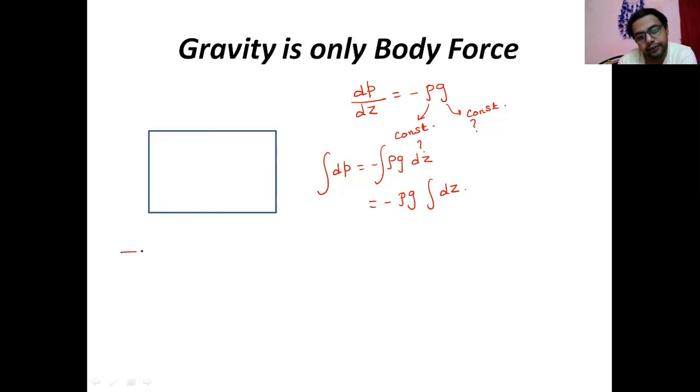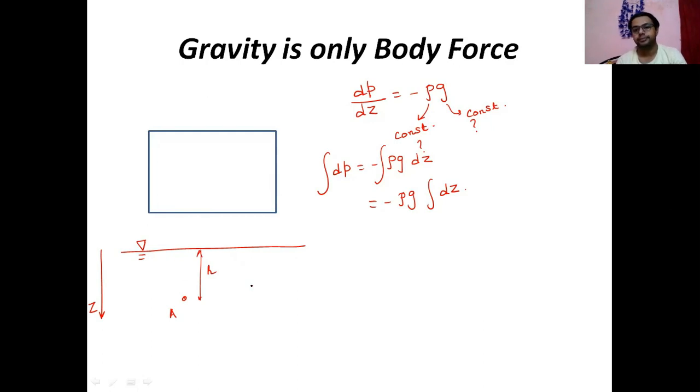Now, if you consider the free surface, free water surface, this is along the z-axis. If you go from the free surface somewhere else to this point, let you consider here some point A. You go from the free surface to here. Let you take the distance as H, at the depth of H from the free surface.